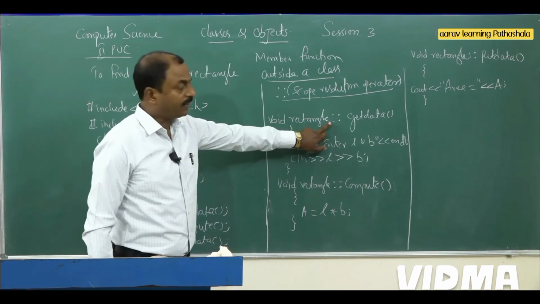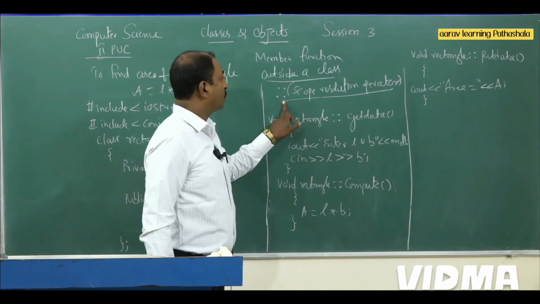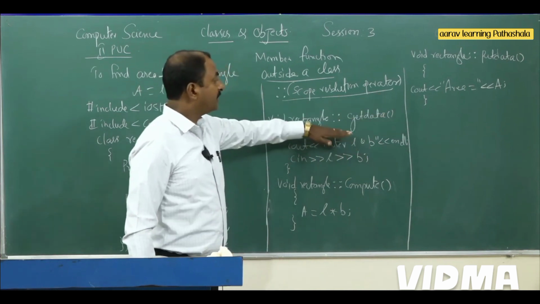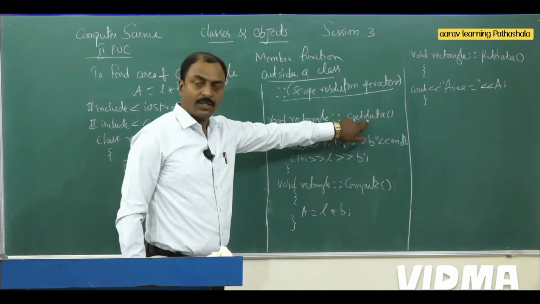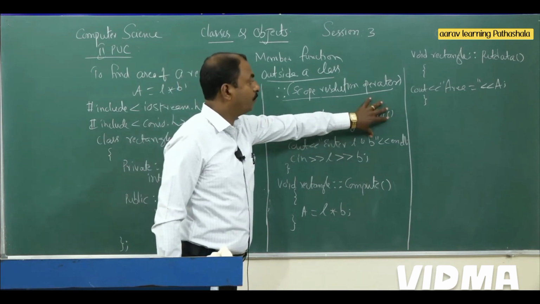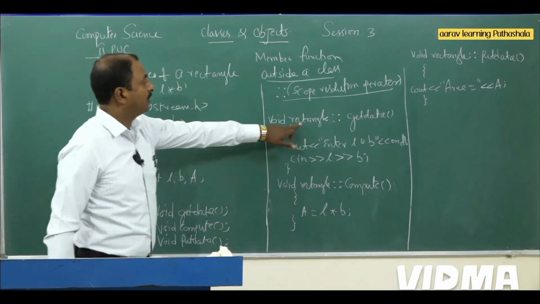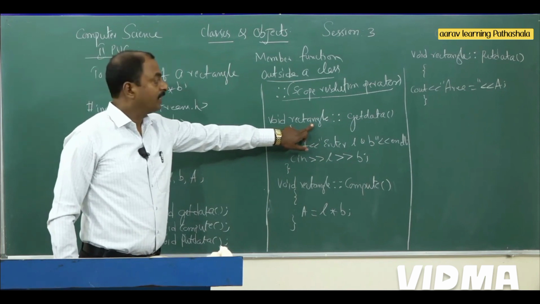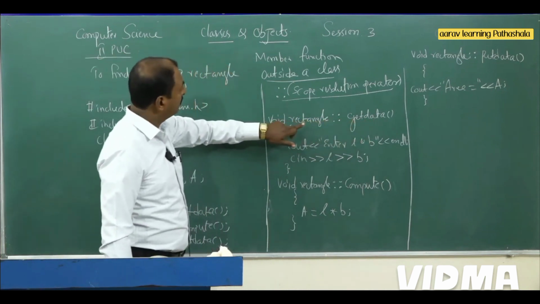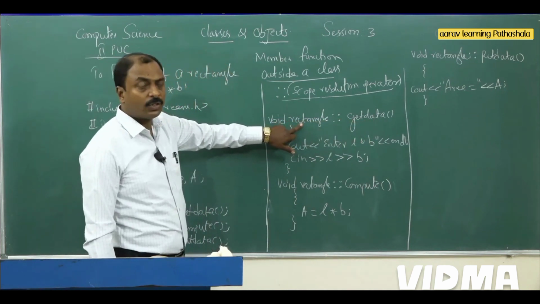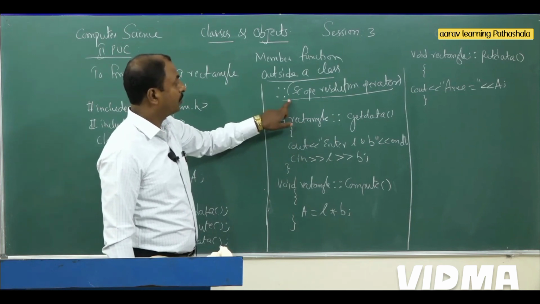How do we do that? With the help of the scope resolution operator. This operator identifies which class this particular function belongs to. That is the use of the scope resolution operator.